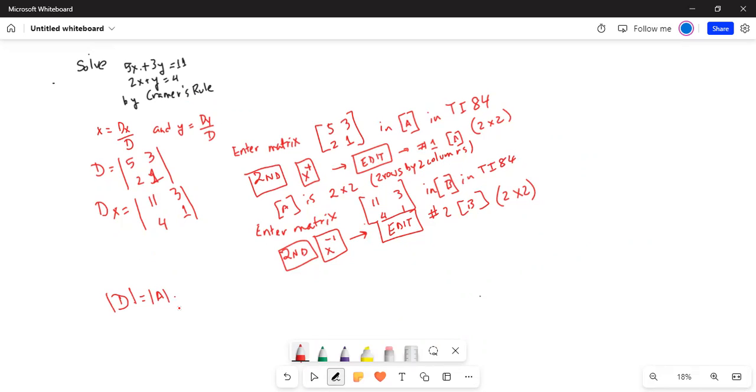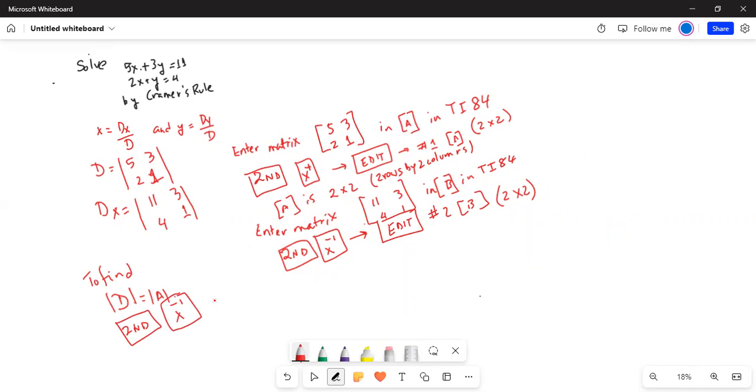Every time I get out of here, I press second, X inverse. To find the determinant of A, press the second button, then the X minus 1 button.